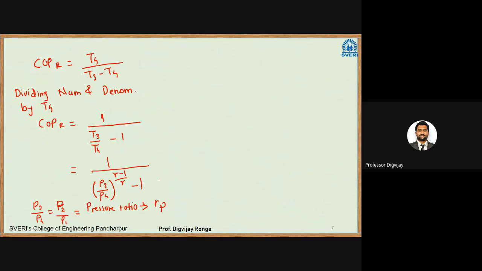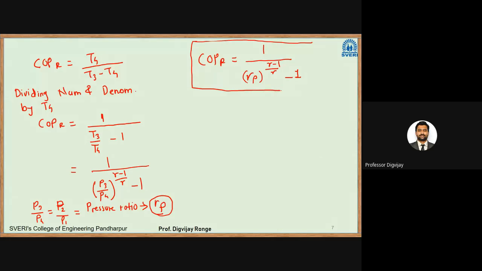So for this case only, we can write P3 by P4 is equal to P2 by P1 is equal to the pressure ratio, RP. So I will get COP of refrigerator is equal to 1 divided by RP raised to gamma minus 1 upon gamma, whole minus 1. So this is the expression when compression and expansion both follow the same law, that is PV raised to gamma.